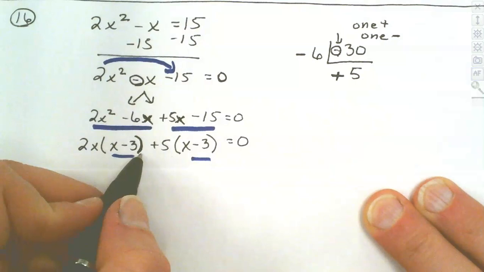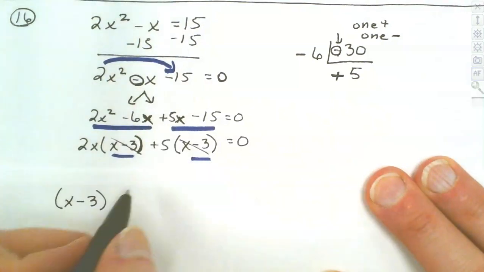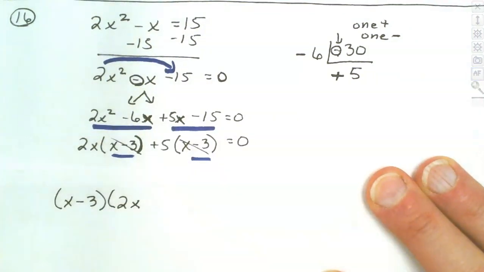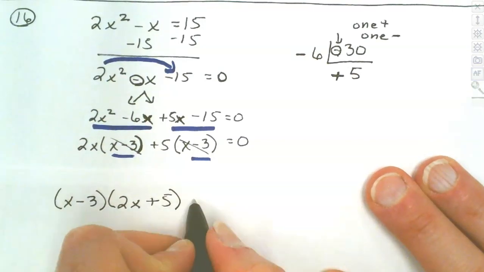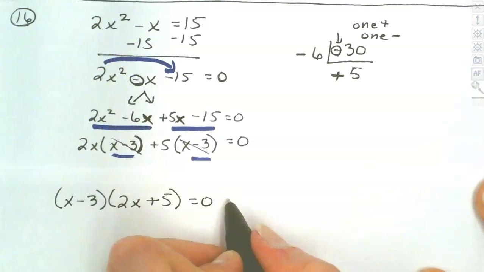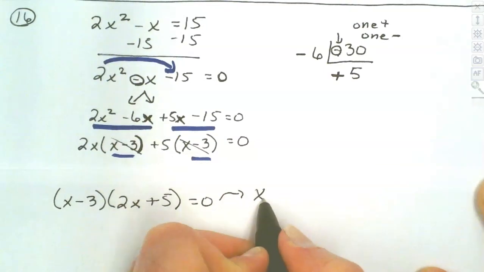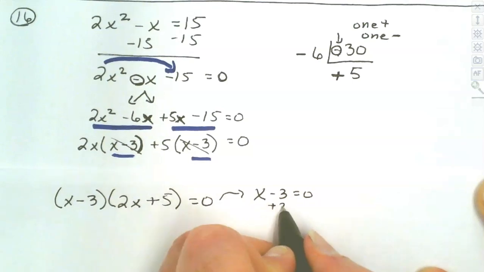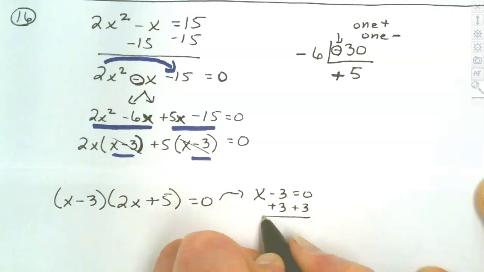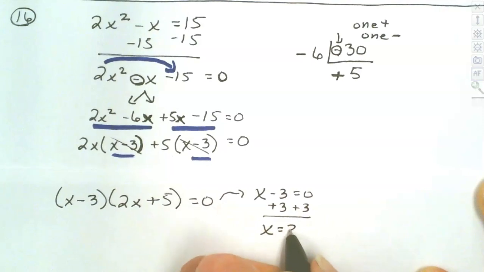Cross it off and cross it off. What's left over? 2x plus what? 5. And that equals 0. Now we can finish it. So we've got x minus 3 equals 0. Add your 3. And x equals 3.